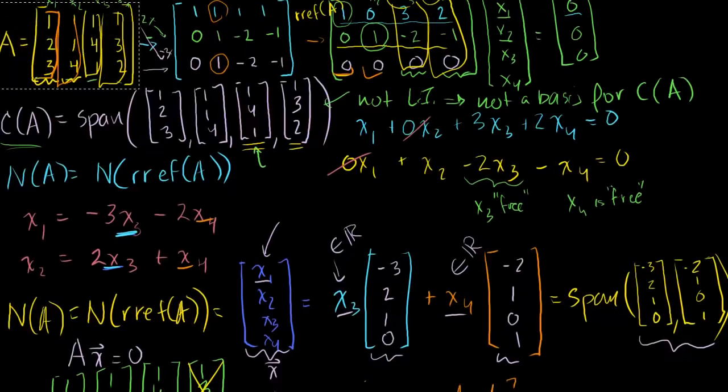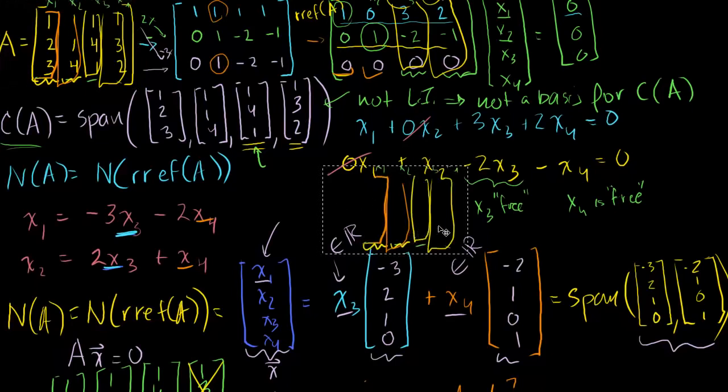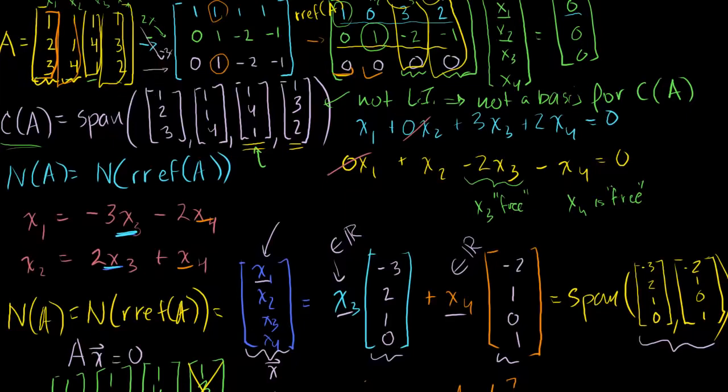So that's my original A right there. Let me copy it. Let me paste it. Nope, that's not what I wanted to do. I copied and pasted the wrong thing. Don't want to waste your time.